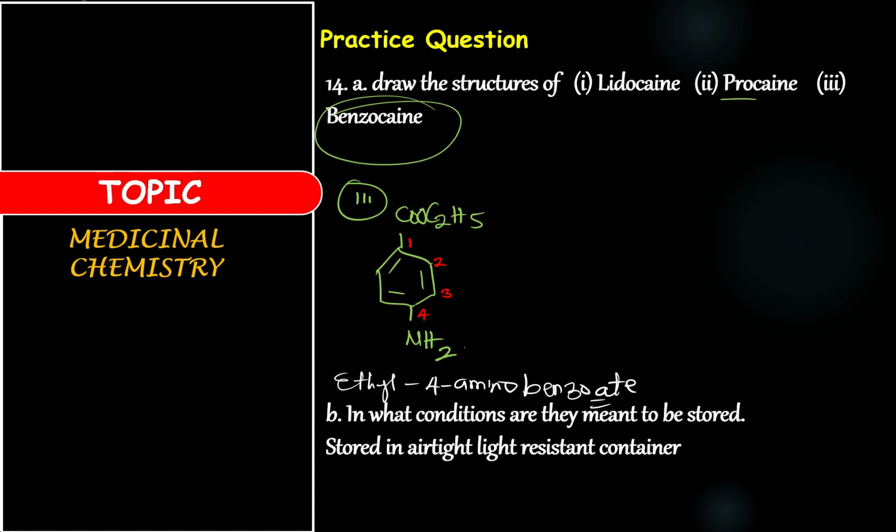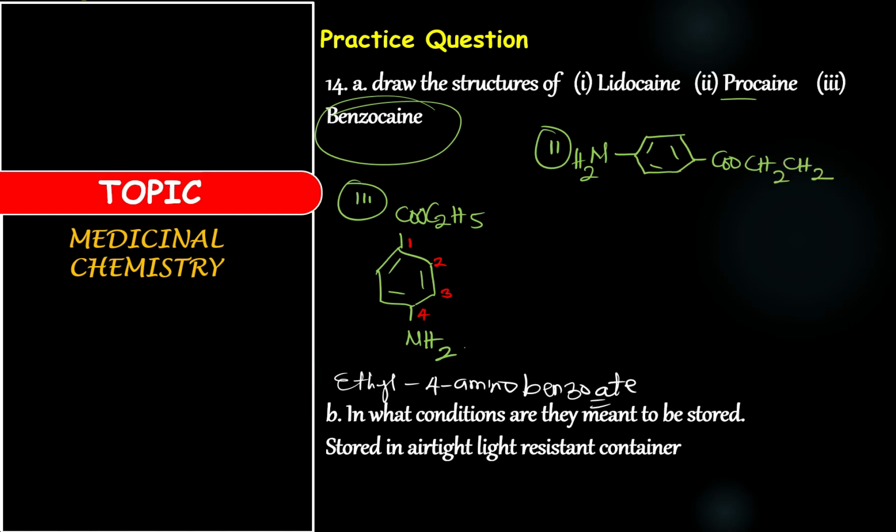Now let's draw procaine. Procaine still has the NH2, which I will represent with H2N. Then the benzene ring. Please take note of how to draw these things. COO. Then after the COO, what you now have is CH2, CH2.